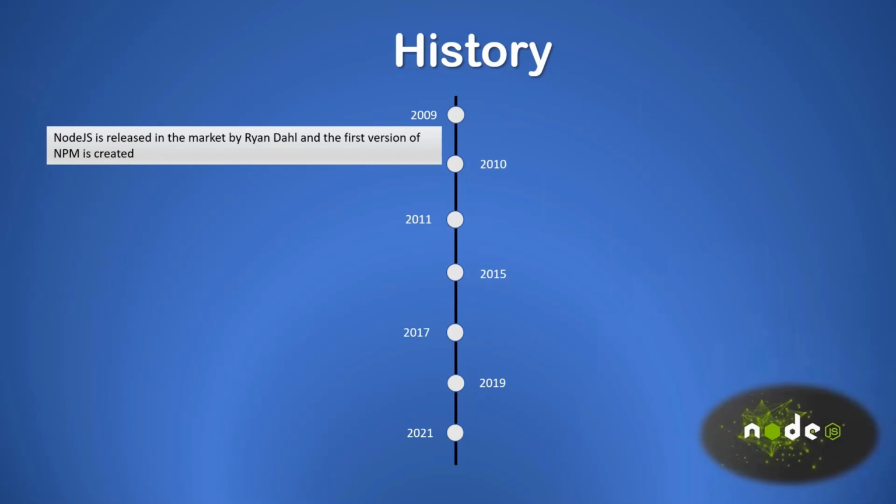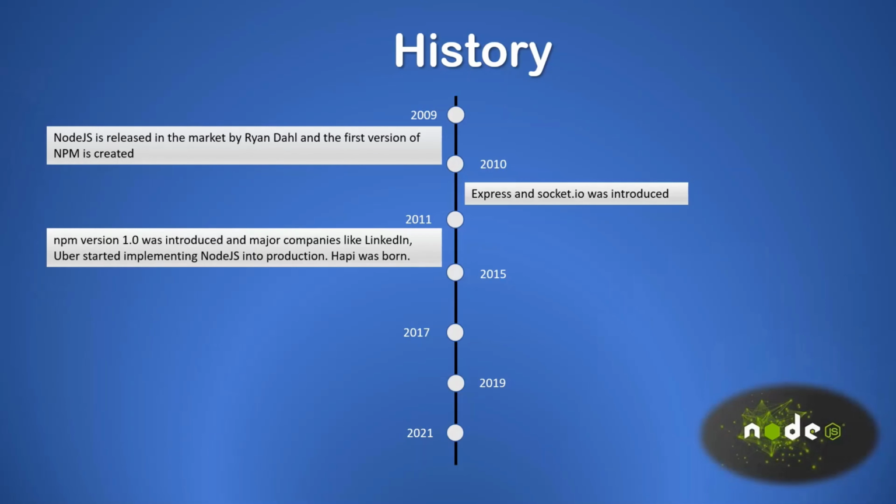In the year 2009, Node.js was released to the market by Ryan Dahl, and the first version of npm was created. In 2010, Express and Socket.IO were introduced. In 2011, npm version 1 was introduced, and major companies like LinkedIn and Uber started implementing Node.js in production, and Hapi server was also introduced during 2011.